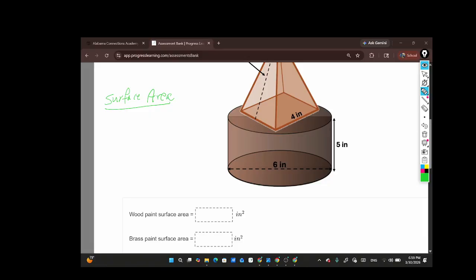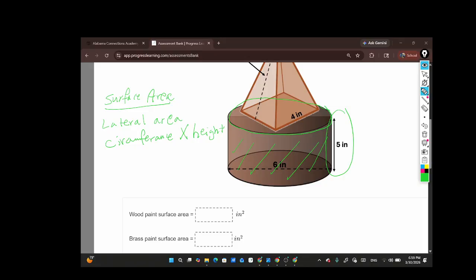We can first start with what we call the lateral area. This lateral area can be calculated using this formula, which is the circumference multiplied by the height of the cylinder.